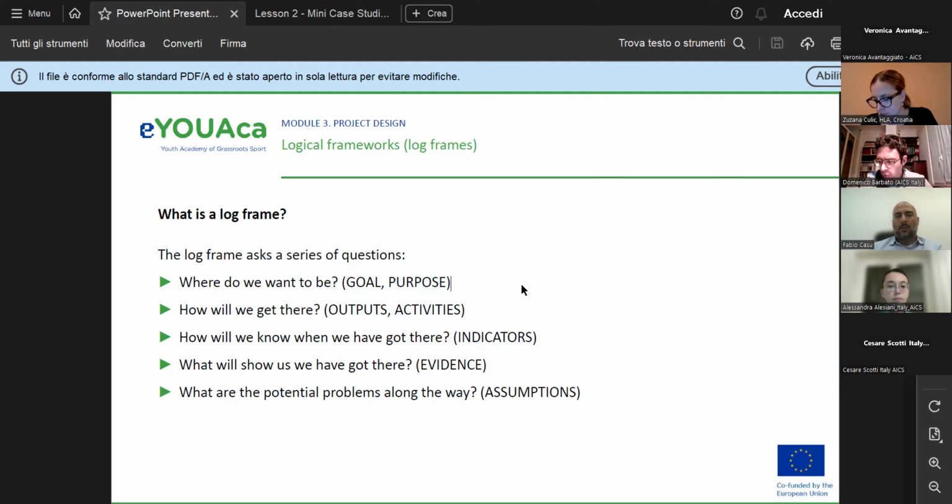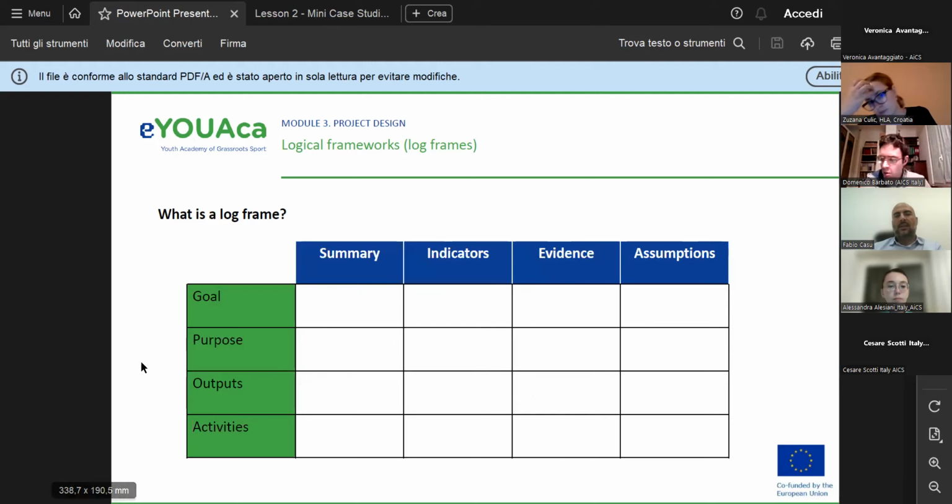So how does the log frame work? It's just a table, okay? In this table, you have these columns. Summaries. Summary means a description of these things. So in the summary you have to write down the goal of your project, the purpose of your project, the outputs of your project and the activities.